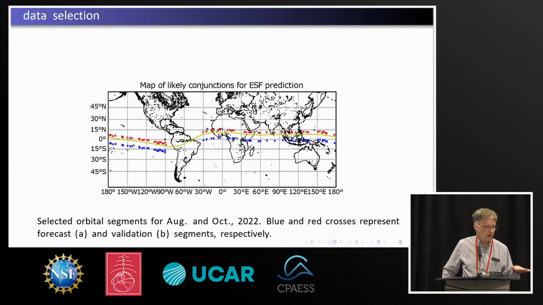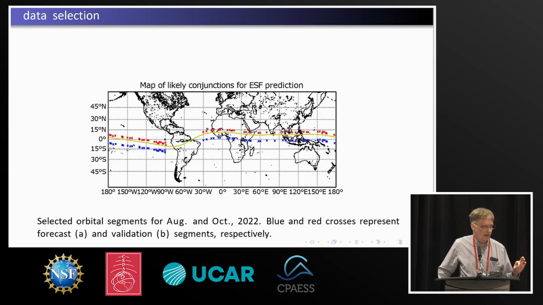What I did is I found all the occasions marked by blue symbols here where the satellite at twilight was very close to the magnetic equator and in a position to measure everything that we needed to know to force a simulation of irregularity growth.